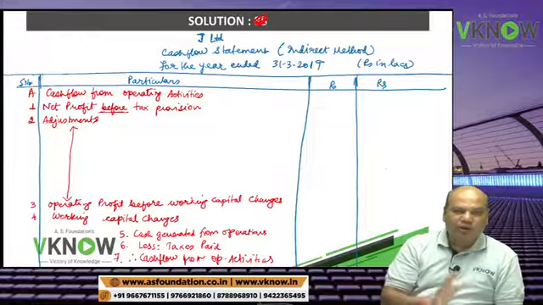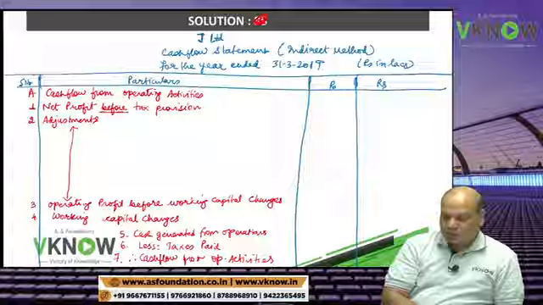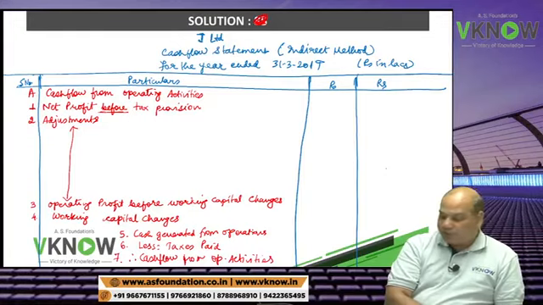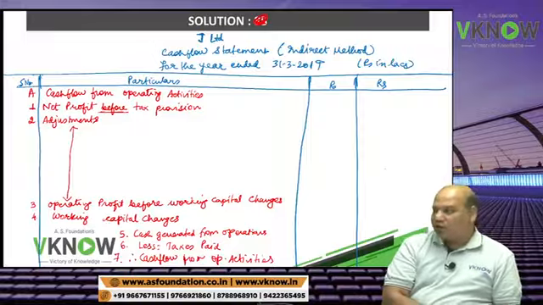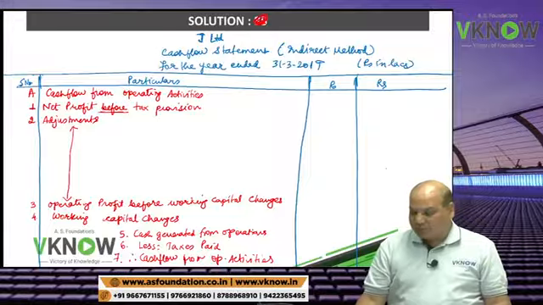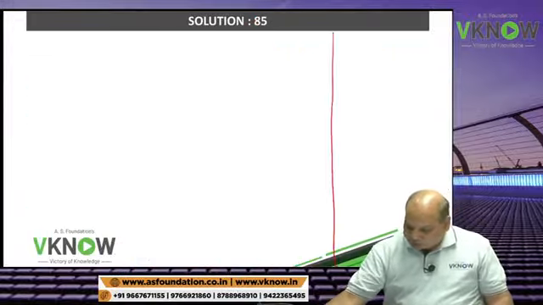Usually about 7, 8, or 10 lines are required. Point 3, operating profit before working capital changes. Point 4, working capital changes; in this question directly the figure is given to you. Point 5, cash generated from operations. Point 6, less tax paid. And the last line is cash flow from operating activities. Below that, the student will continue.